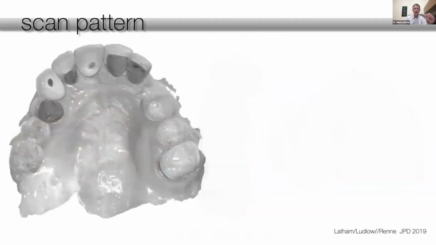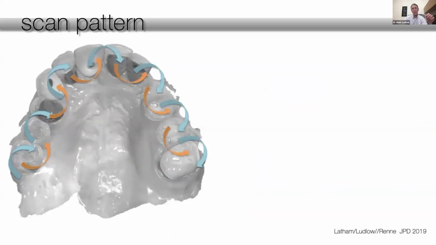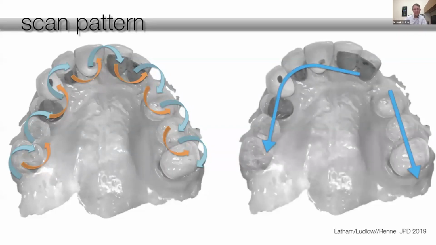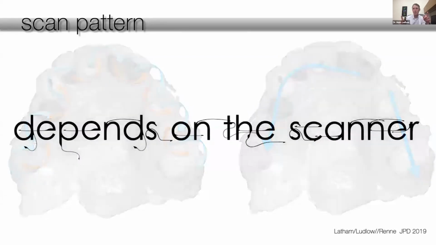And what we found is most people, when we talk to them about where to scan, they don't know. They say, well, do we do something like this where we jig it around, buccal, lingual, and go all the way around? Do we just start lingually and go from there, then fill in the rest? And the reality is the answer to that question isn't simple, because it 100% depends on the scanner.